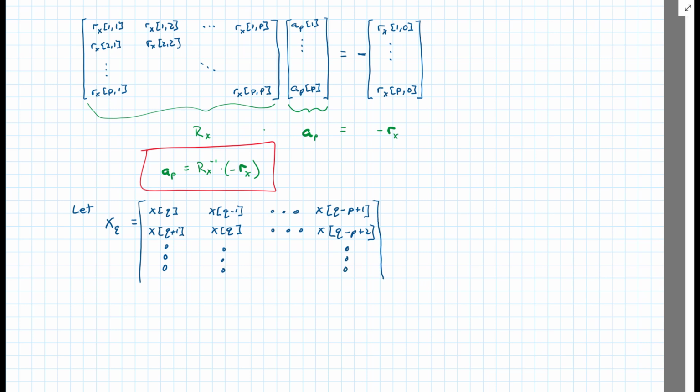So we define a vector x that has this type of structure. Then Rx is just equal to x Hermitian times x.